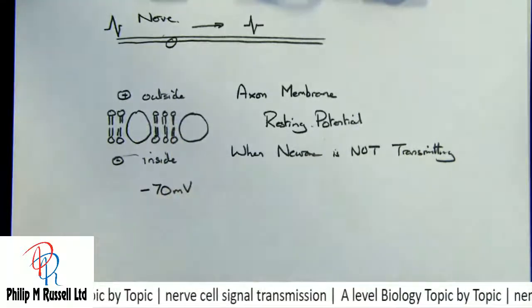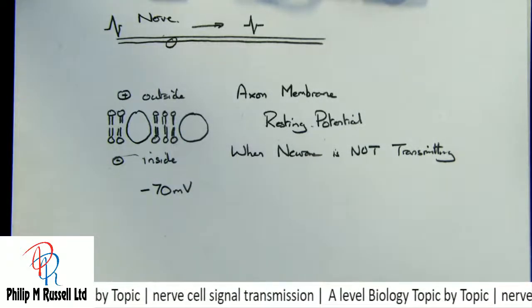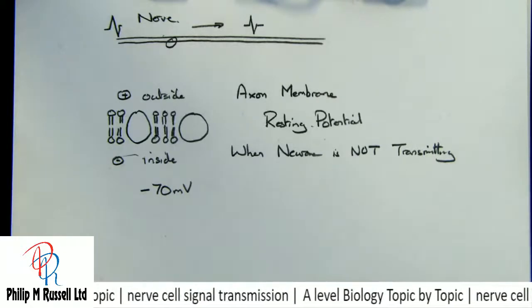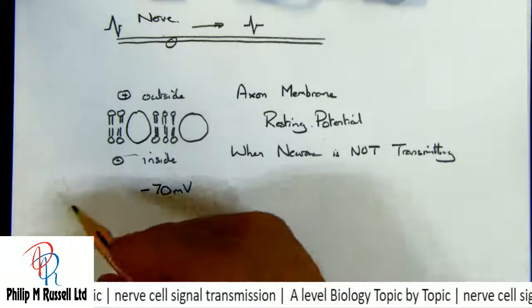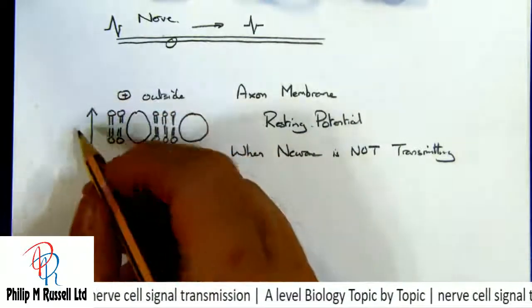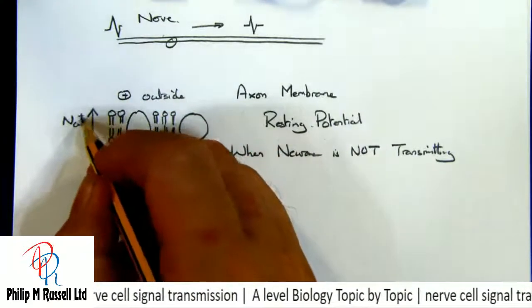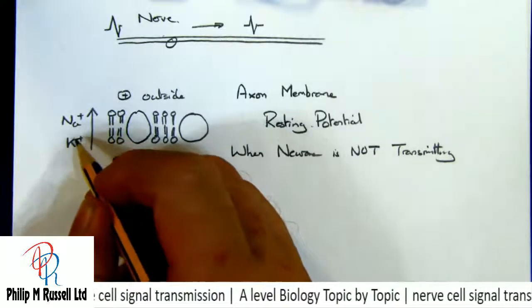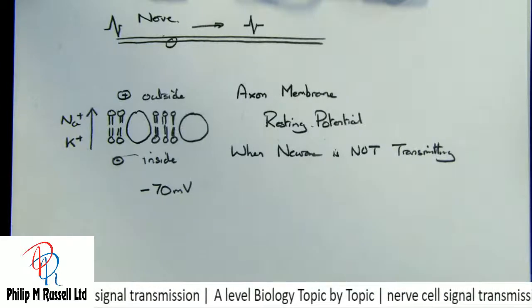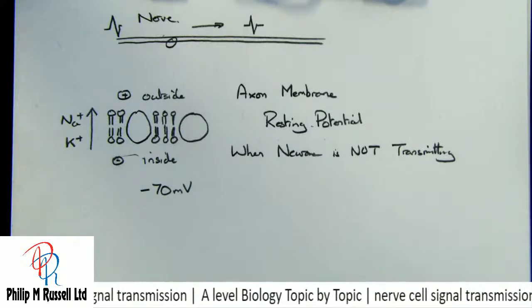That's the difference between the two. So the resting potential occurs basically as a result of the movement of sodium and potassium ions, so Na+ ions and K+ ions, and these are moved across the axon membrane.